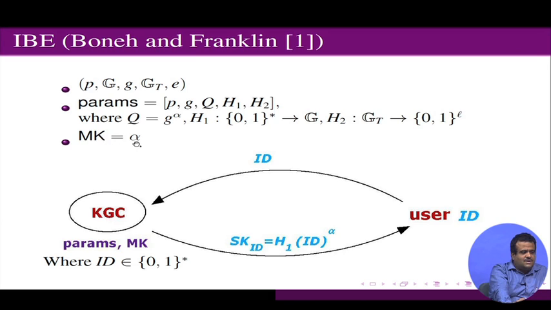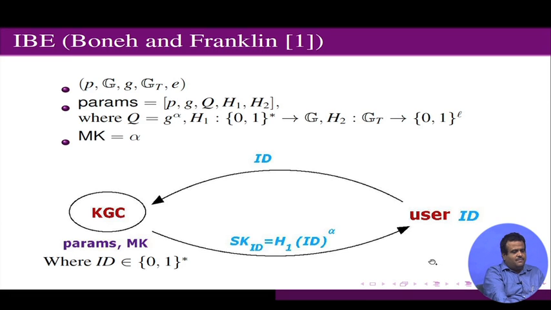Alpha is the master key, which we will use for generating the secret key of the users. H1 is a hash function which takes any arbitrary input and generates an element in G, and H2 is a hash function which takes an element in G_T and gives a 0-1 bit string of length L.